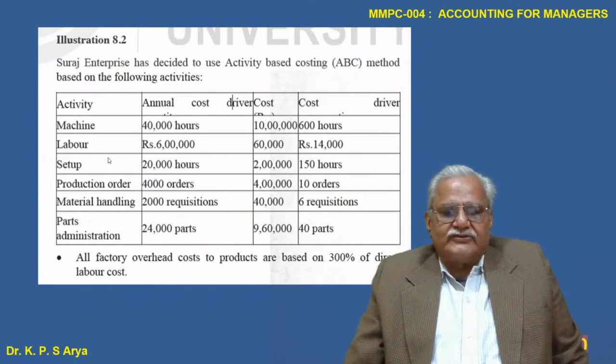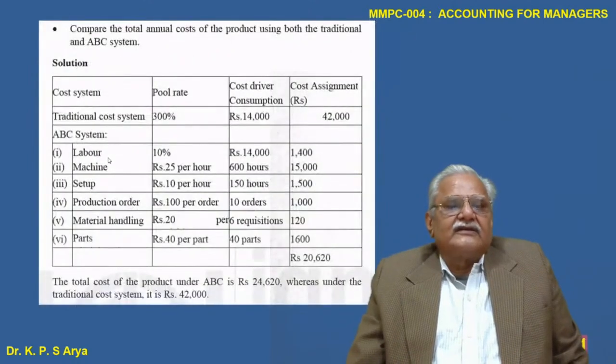All factory overheads cost to product are based on 300% of direct labor cost. Now, compare the total annual cost of the product using both the traditional and ABC methods.